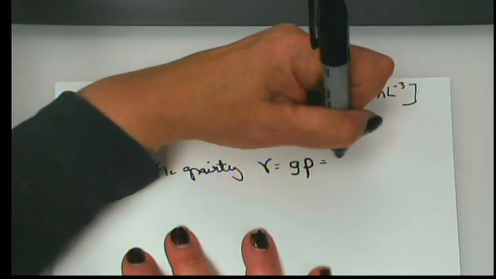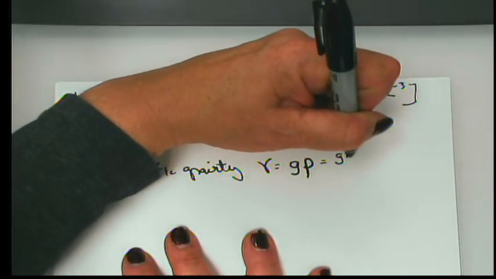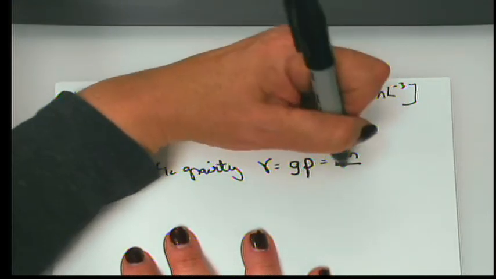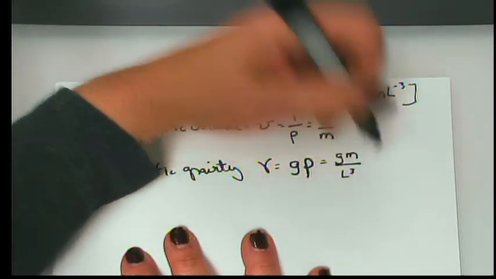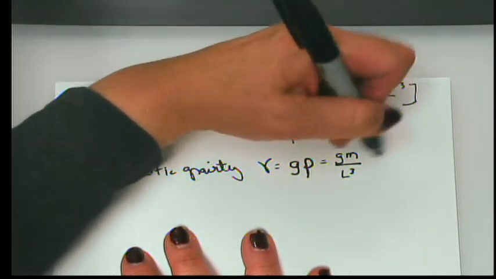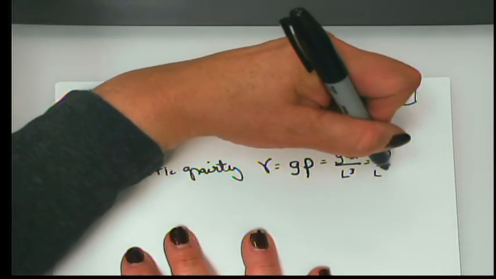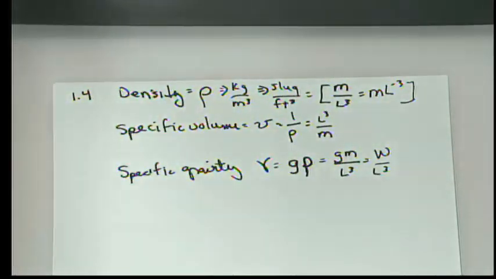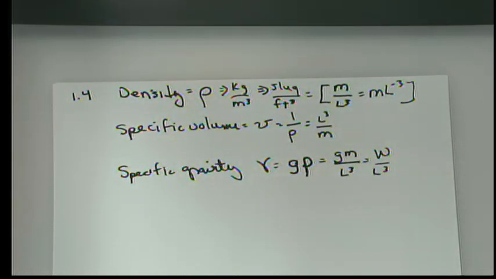So you can see we have g times mass over volume, or length to the third, and we know that mass times gravity is equal to weight. So those are just 3 different ways to define the weight or mass of a unit volume of liquid, or of a gas.